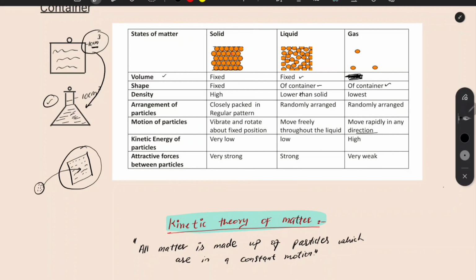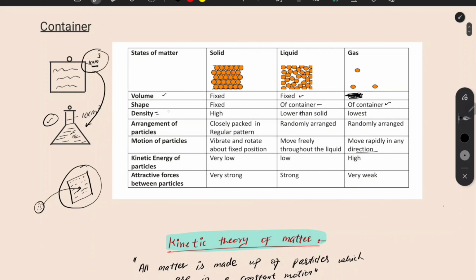Density of solids is highest, then lower for liquids, and the lowest for gases. What is density? We know that it is mass per unit volume. So as you can see, these particles are much denser.